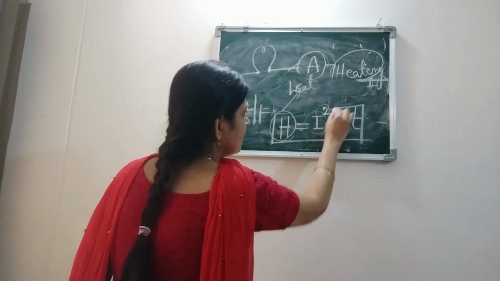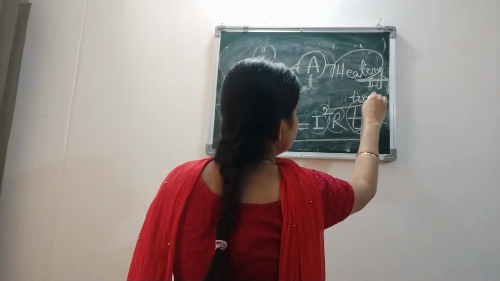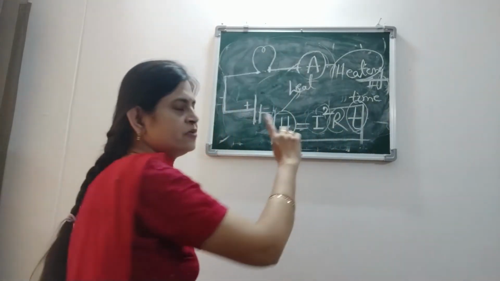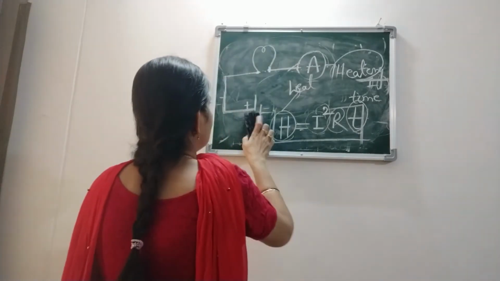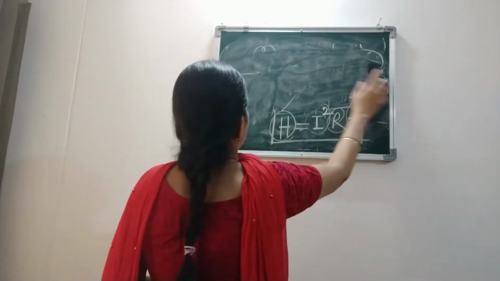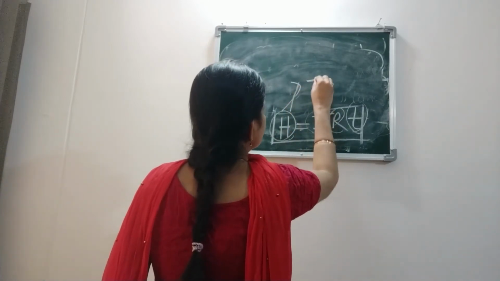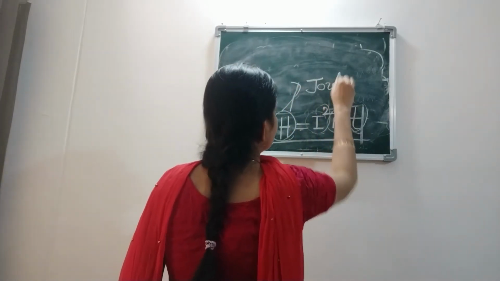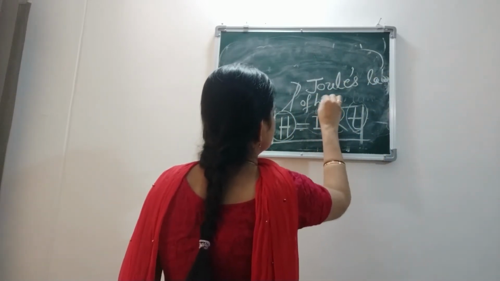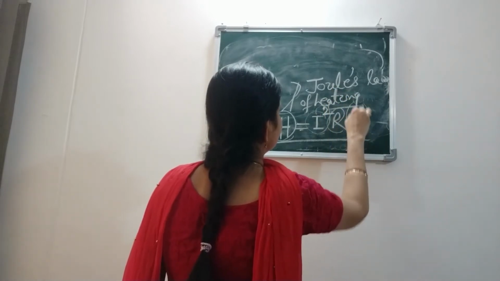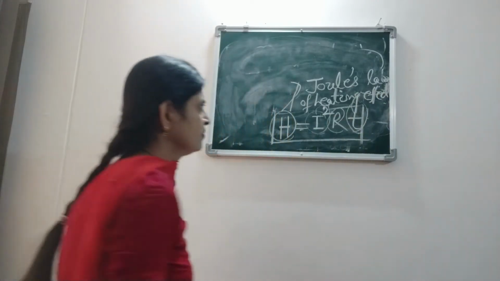R is the resistance. And T is the time period for which the current is flowing across the circuit. Now, this formula or this law is called Joule's law of heating effect. Clear?